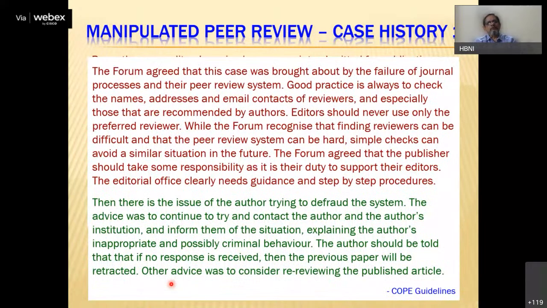So the Pope Forum agreed that this case was brought about by the failure of the journal processes and the peer review system. So what is the problem here? What is the failure of the journal process or the peer review system? See, when you submit a manuscript to a journal, the normal procedure is that the reviewers for a particular manuscript have to be chosen by the editor of the journal.